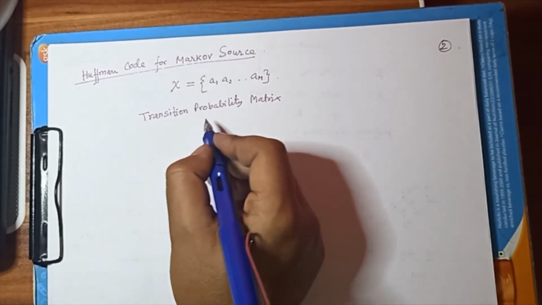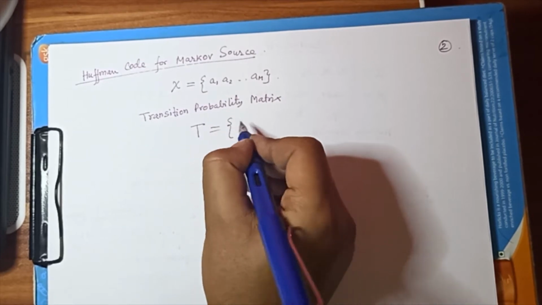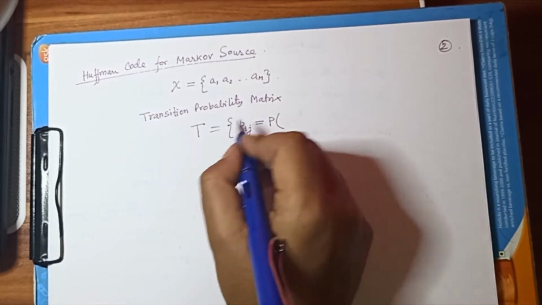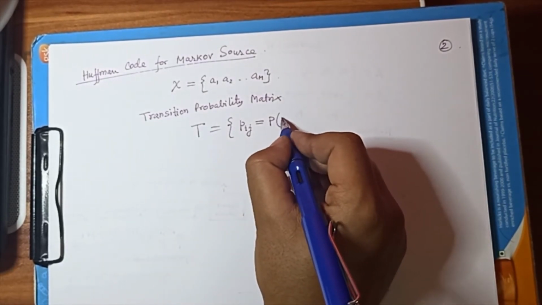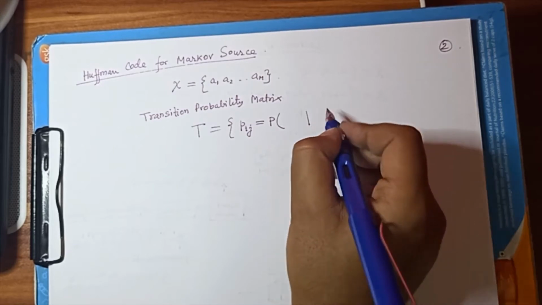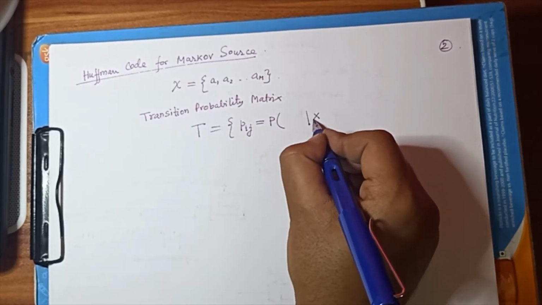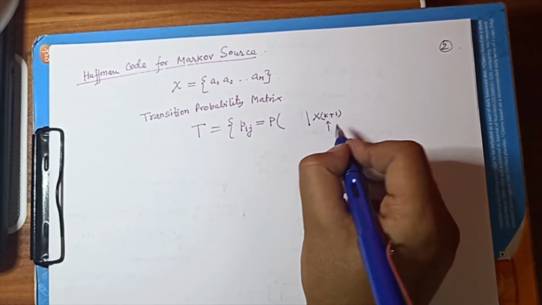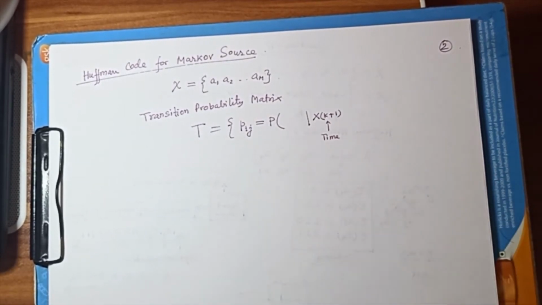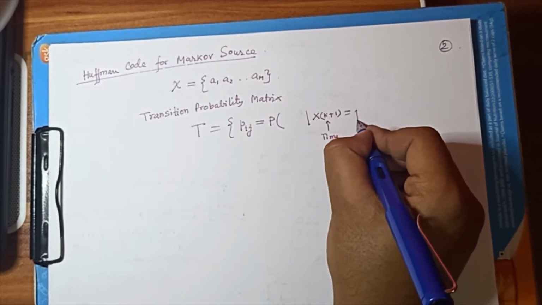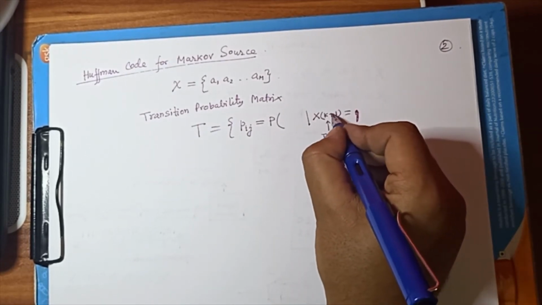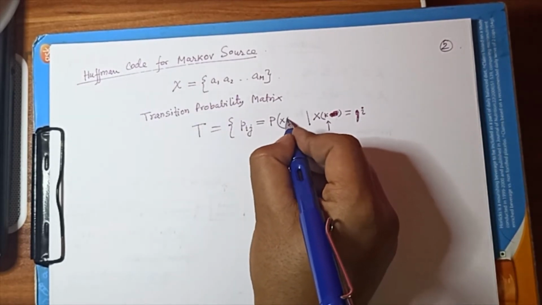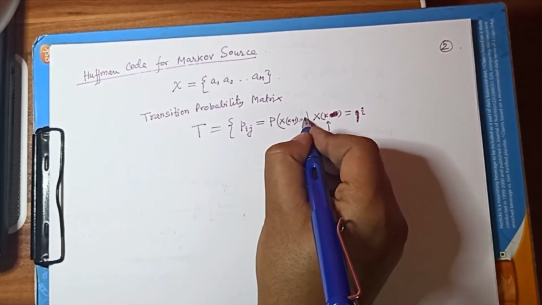And this transition probability matrix is given by some probability values, say Pij, which is equal to the probability that, if the previous state is I, so I can say x at k plus 1, where k is the time point, discrete time, is I, sorry, the previous time point k is I, then x at k plus 1, the next time point, will be j.